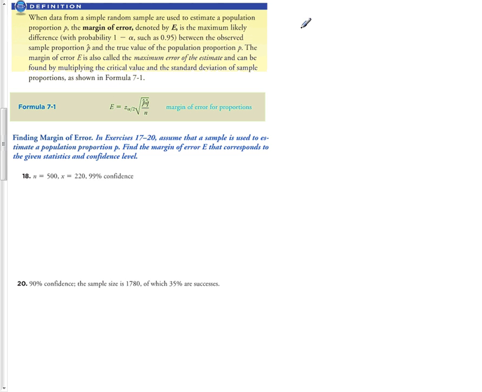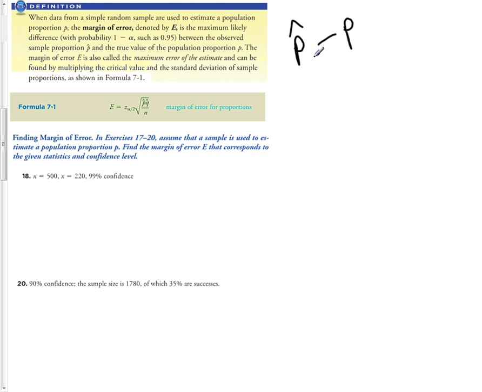So basically, it's the maximum likely difference from p hat to p. This difference, the maximum likely one, is what we would call the maximum error of estimate or the margin of error, okay?